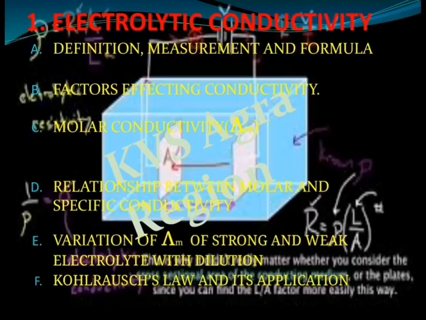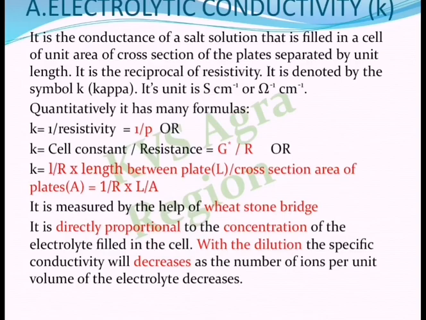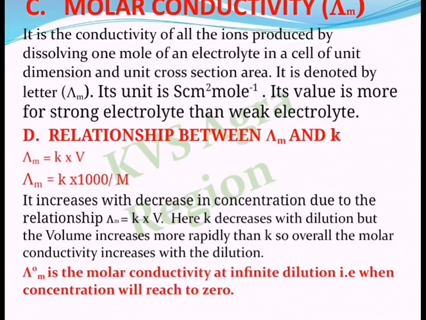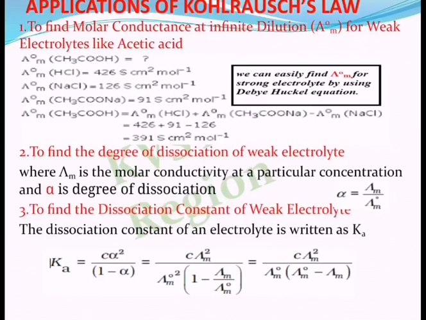Electrolytic conductivity: definition, measurement and formula. Factors affecting molar conductivity or specific conductivity. Then molar conductivity at infinite dilution and the relationship between them. So in these slides you will find all the mysteries.